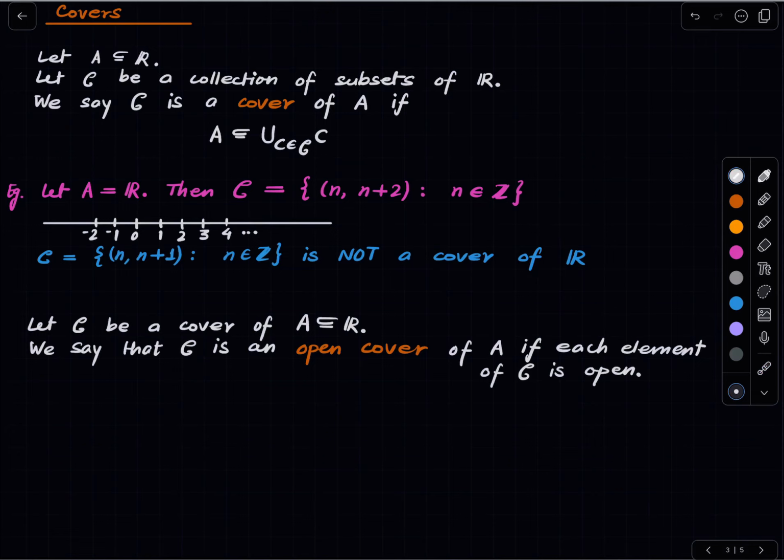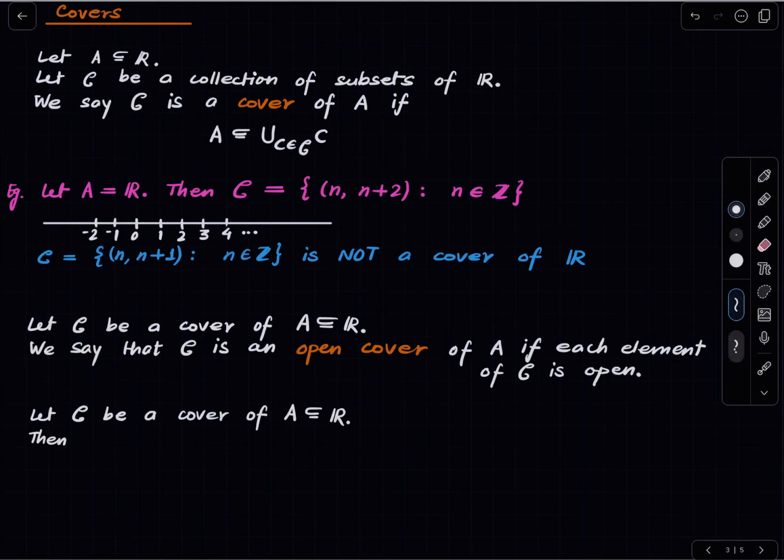All right, and now we can define one more notion before we state and prove the Heine-Borel theorem. So what is that definition? It is the notion of a subcover. So fix a cover of some subset of reals, then a subset D of C. So what are we doing?